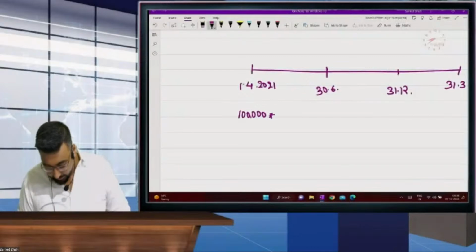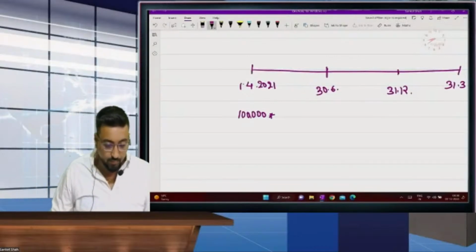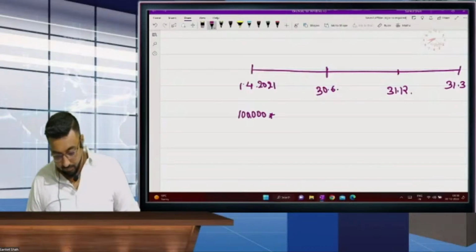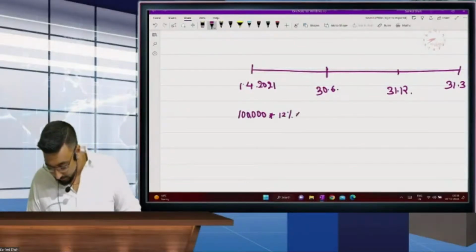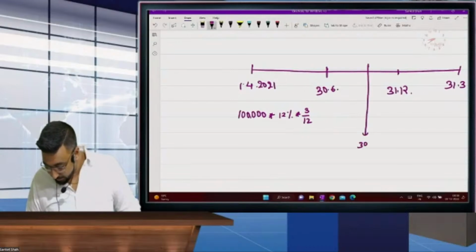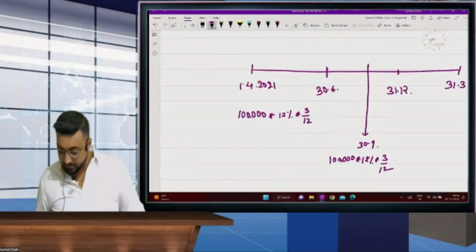For the first 6 months it will be 12%, up to 3 months. And here 30th September, 1 lakh into 12% into again 3 months.